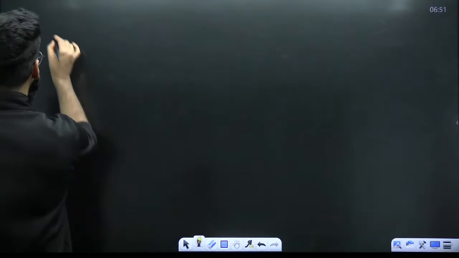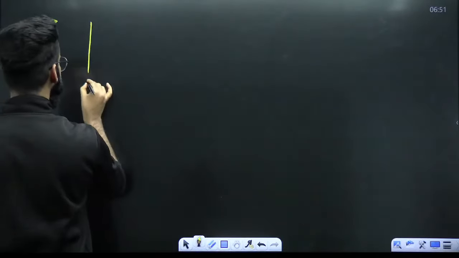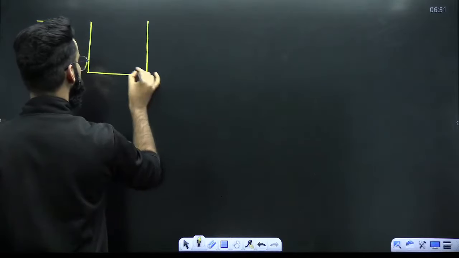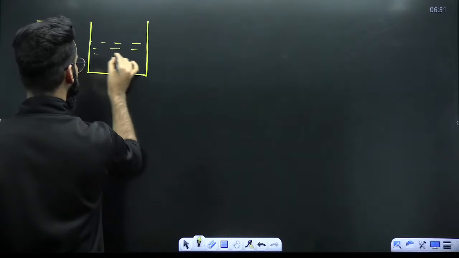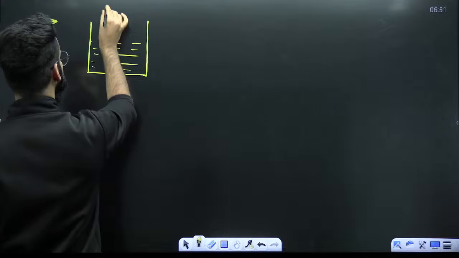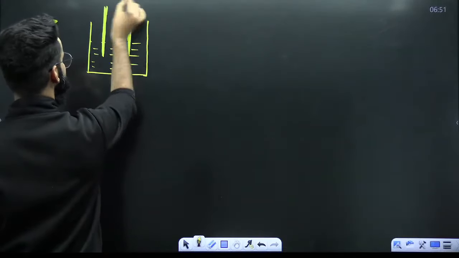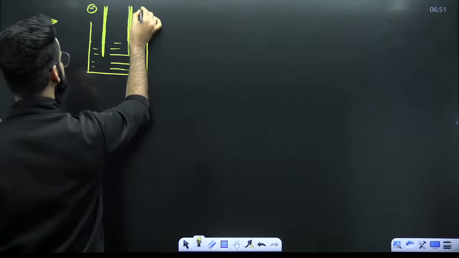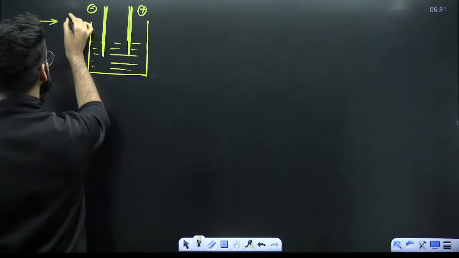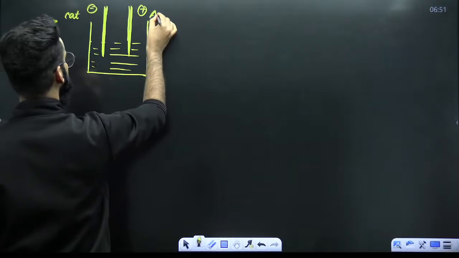See, guys, for example, I'm taking one electrolytic cell which contains an electrolyte. It is connected with the battery, due to which this gets negative and this gets positive. Negative is what you call the cathode, and this is your anode.